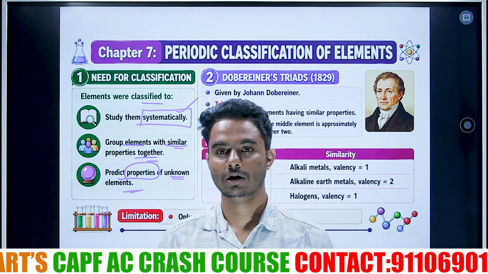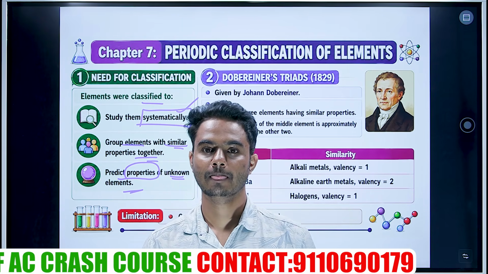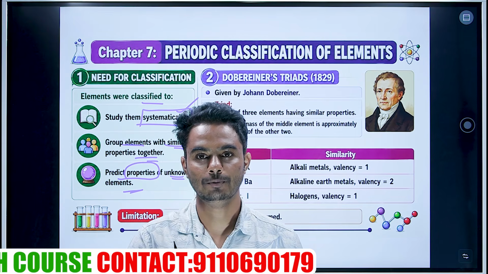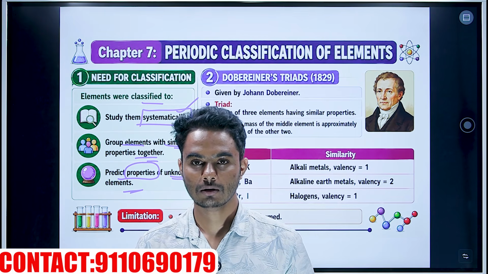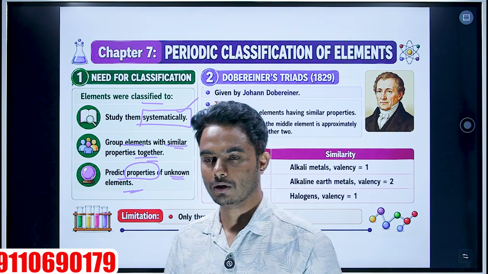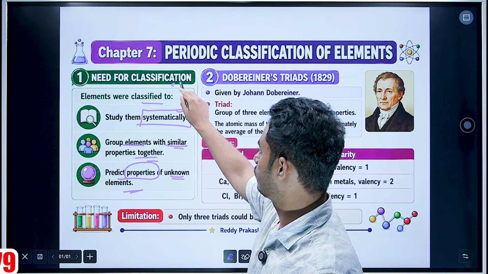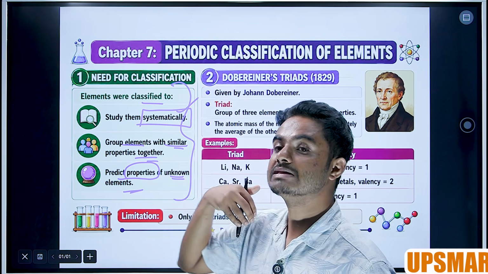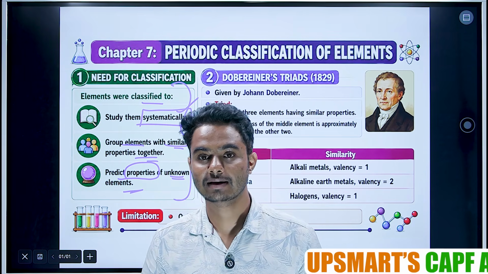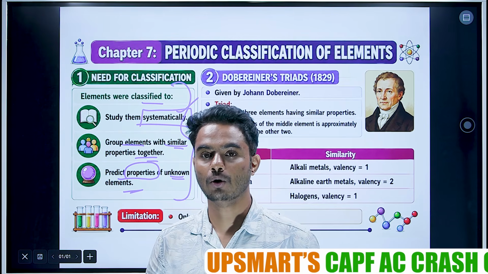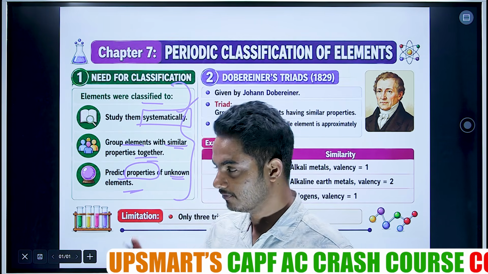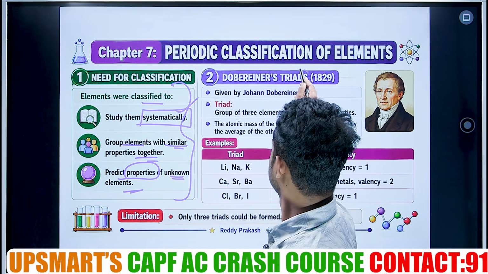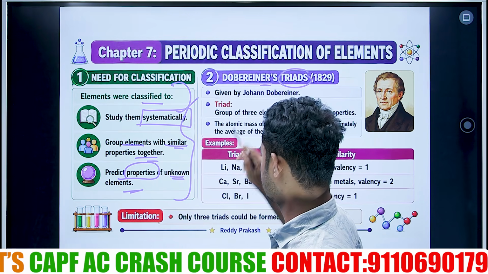Unknown elements shall be placed separately and then grouped whenever the properties are classified properly. These are the needs for classification, and when this need arose, there came the great men who classified all these elements, starting with Dobereiner's triad.